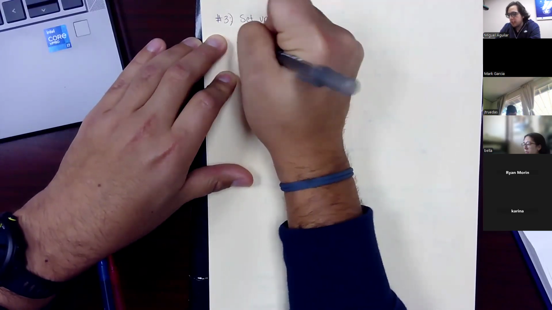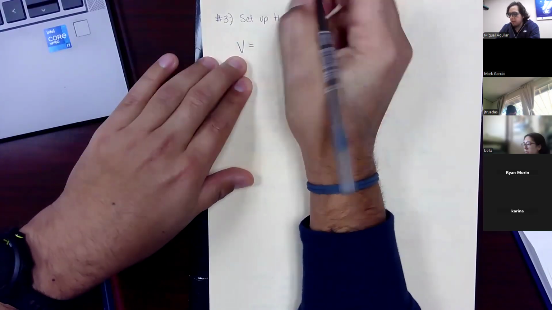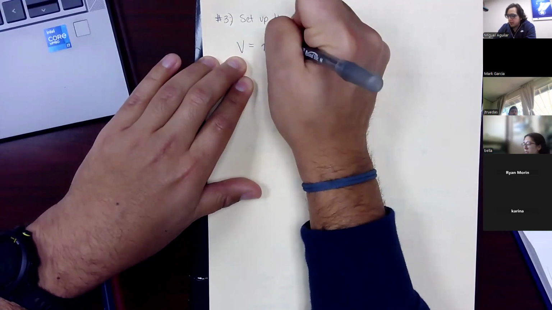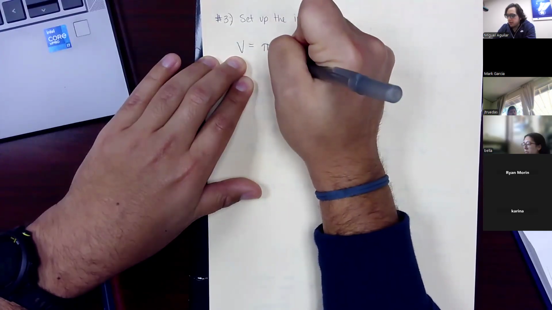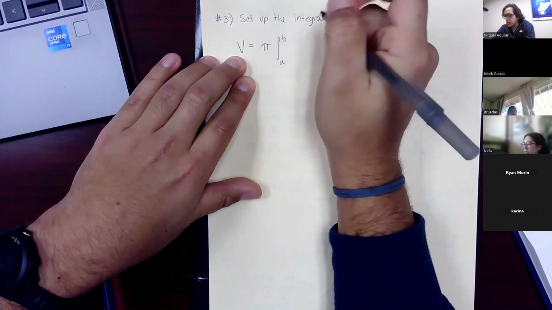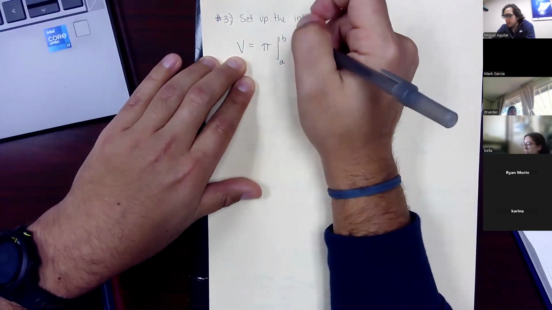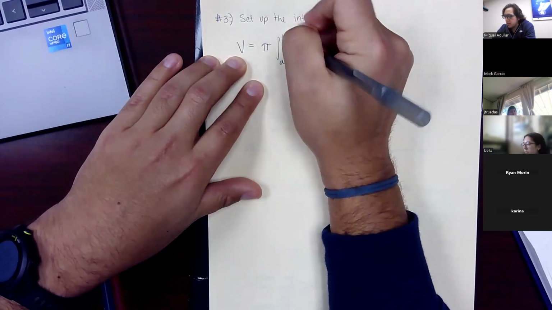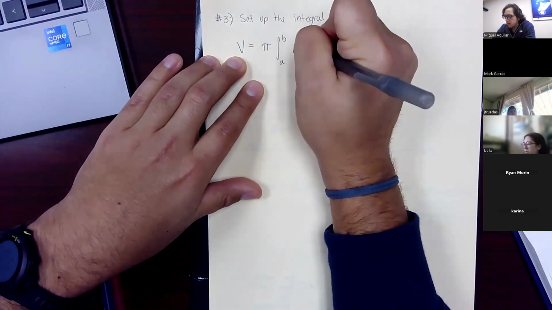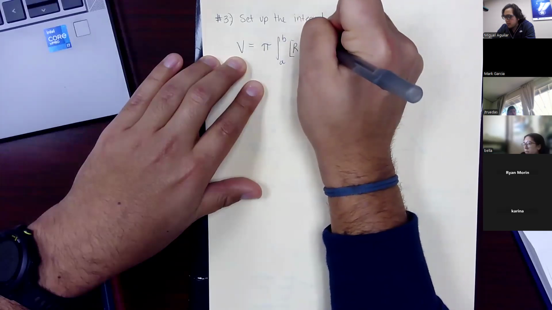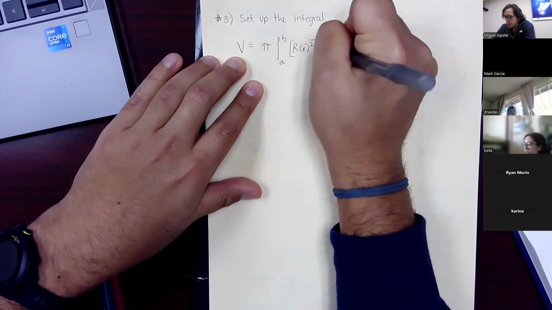Which is V is equal to pi, from, I'm going to say, a to b. I'm just setting up the formula again. And then it was just, in this case, the radius squared. So r of x, dx.